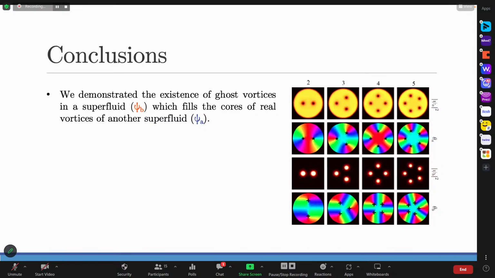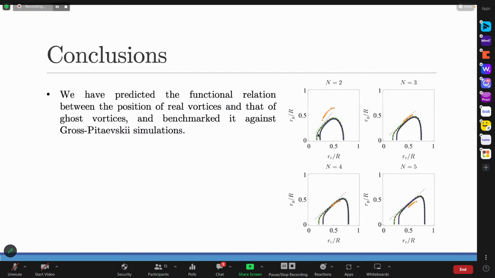We demonstrated the existence of ghost vortices in a superfluid, psi_B, which fills the cores of real vortices of another superfluid, psi_A. We have predicted the functional relation between the position of real vortices and that of ghost vortices, and benchmarked it against Gross-Pitaevskii simulations.